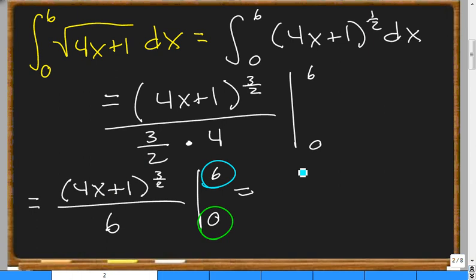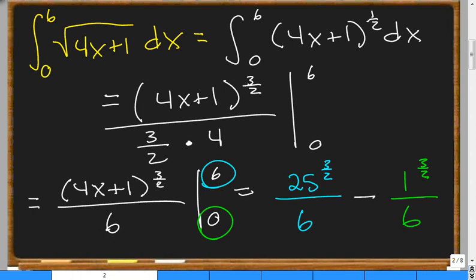If I plug 6 in, this would be 24 plus 1, so 25 to the 3/2 over 6, minus, plugging in 0, we'd get 1 to the 3/2 over 6.